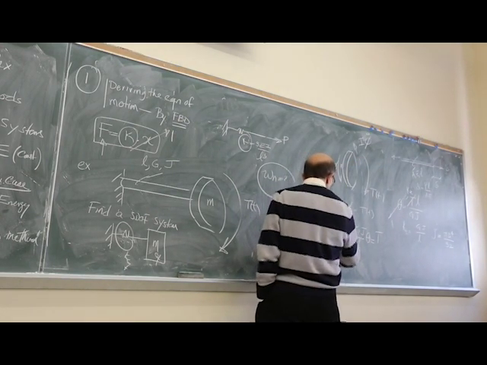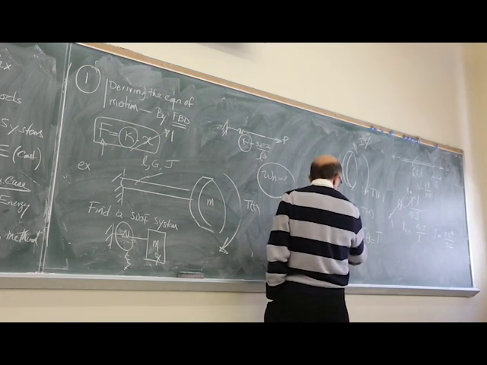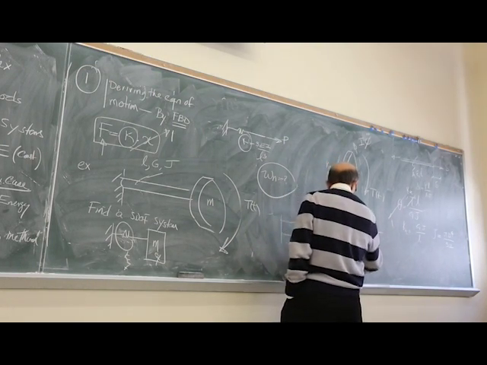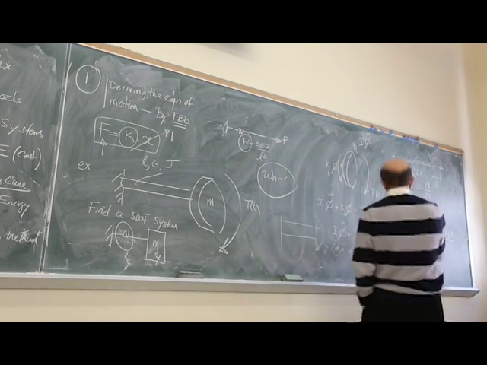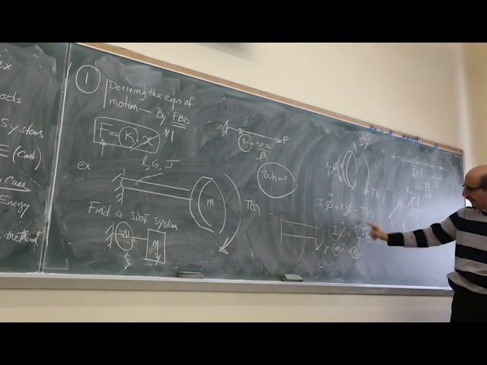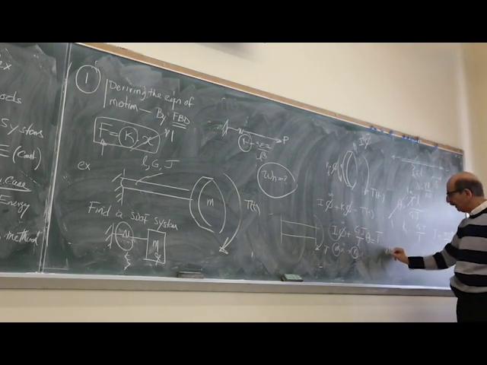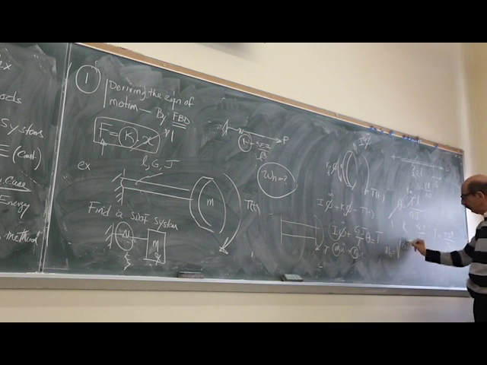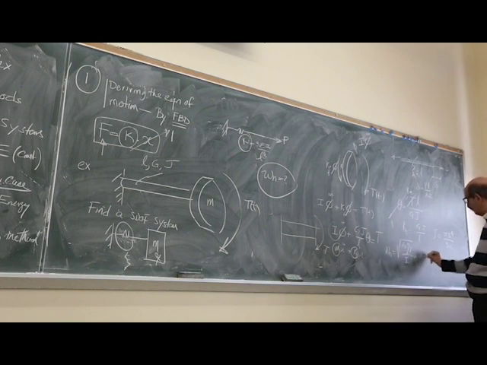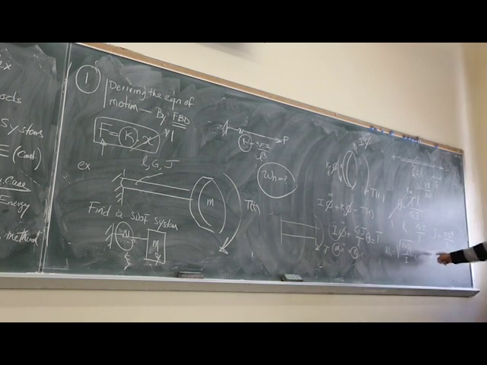Now you establish the analogy. This is m u double dot plus K u. So what is the equivalent mass here? It is I. What is the equivalent stiffness here? GJ over L. So if you want to find, for instance, the natural frequency of this, this would be the square root of GJ over L divided by I, which of course you can substitute for J, pi D to the 4 over 32, so you have that in terms of the geometric properties of the shaft.